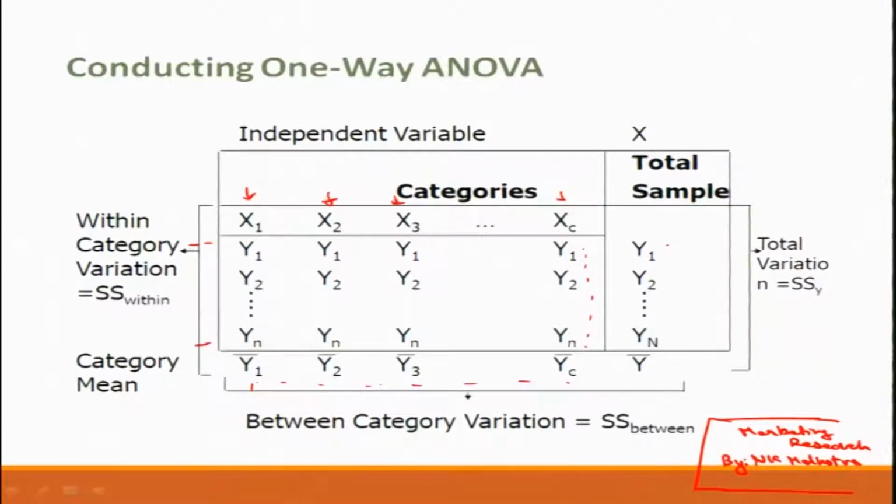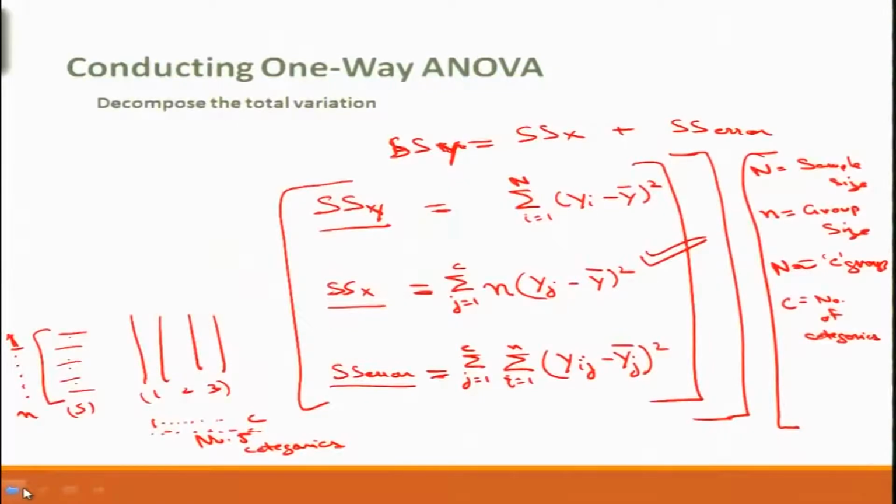We can see all group sizes are the same here, and we will see that the error variation here is between my element y and y1 bar. We can see this here, the error yij minus yj bar.